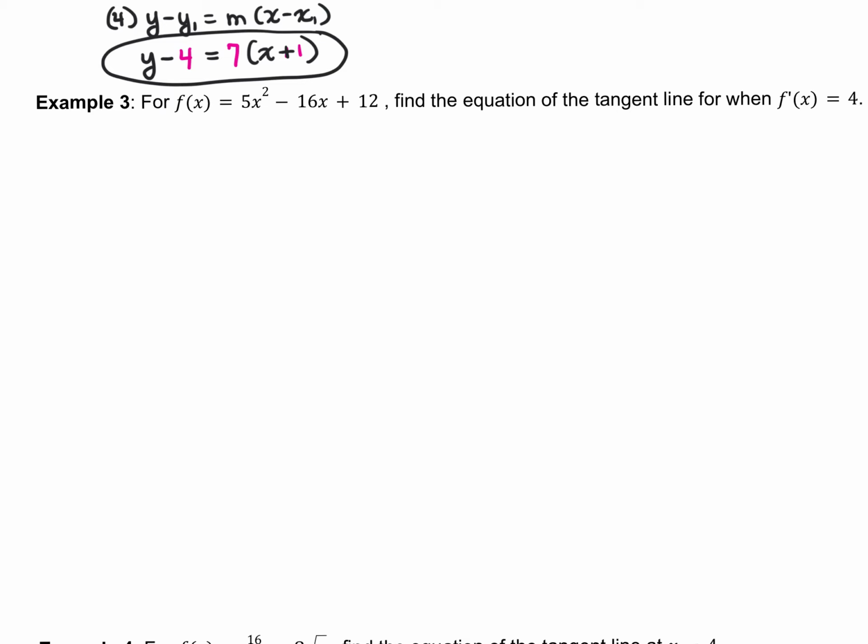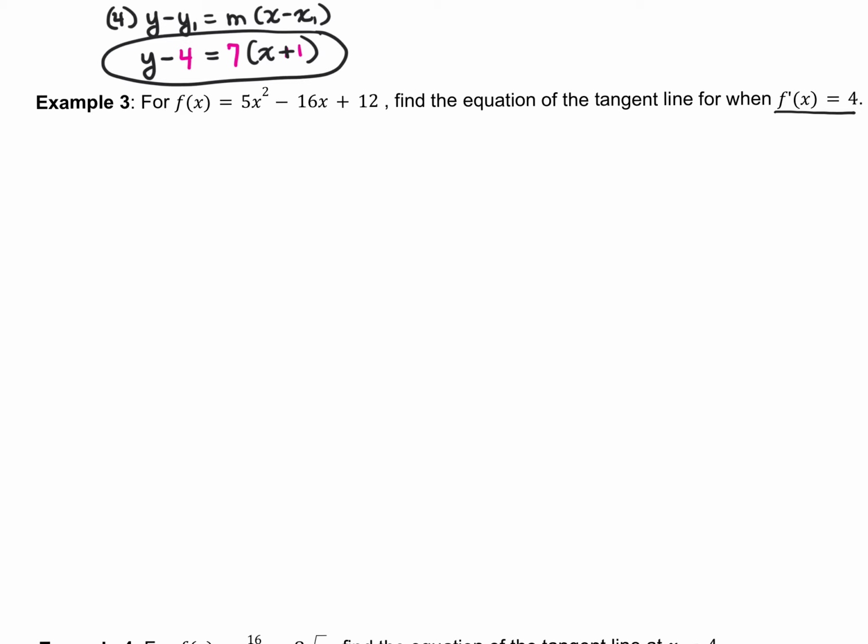Okay, let's go through this process one more time together here. So first, I need to find what f of whatever my x value is. Actually, let's be careful what this is telling us. So this is actually telling us this time that the derivative of f of x is equal to 4.